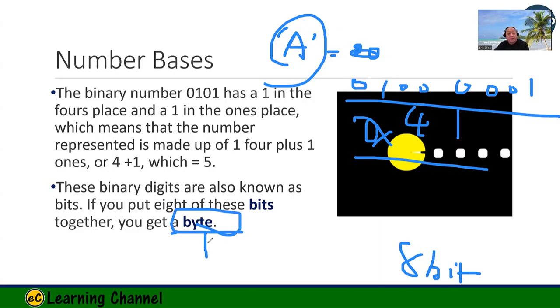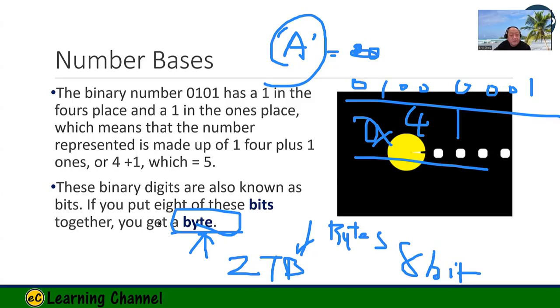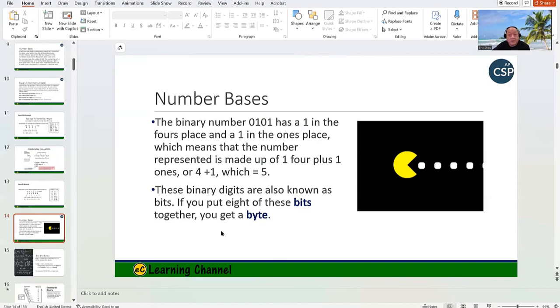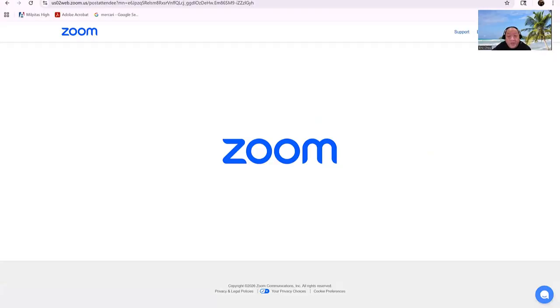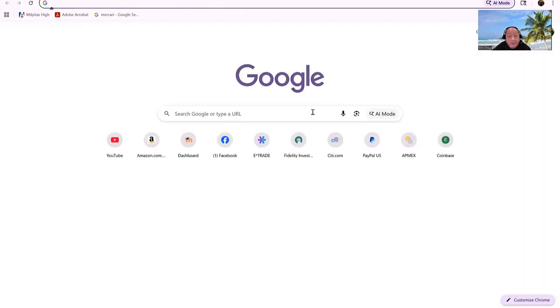Every 8 bits represents a symbol, and that symbol, we call it a byte. Okay, a byte. So you say that I'm buying a hard disk of 2 terabytes. This B is byte, B-Y-T-E-S. Is that okay so far? Yeah. So bit is a single bit. One byte is 8 bits. Okay, so let's look at Amazon then.